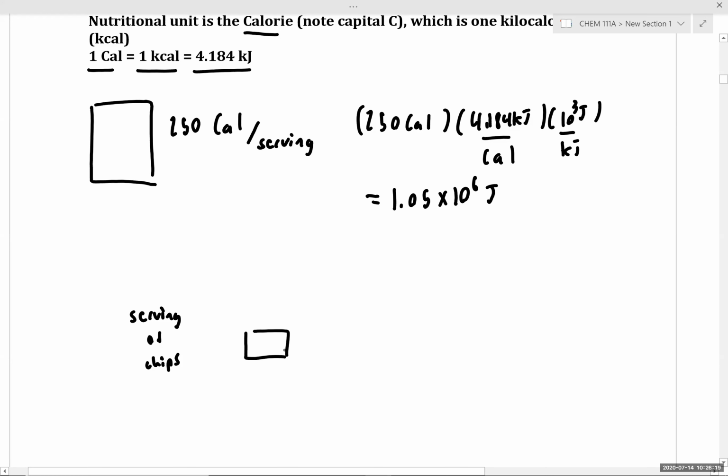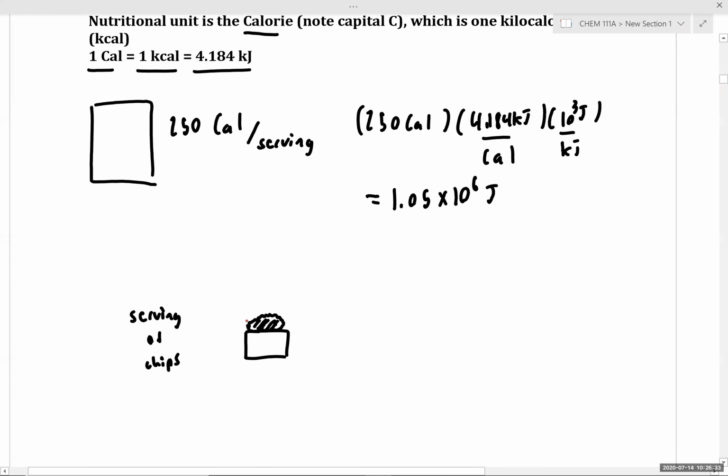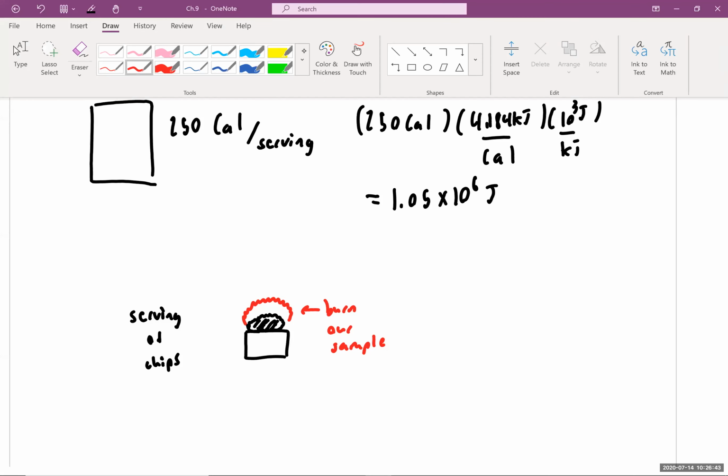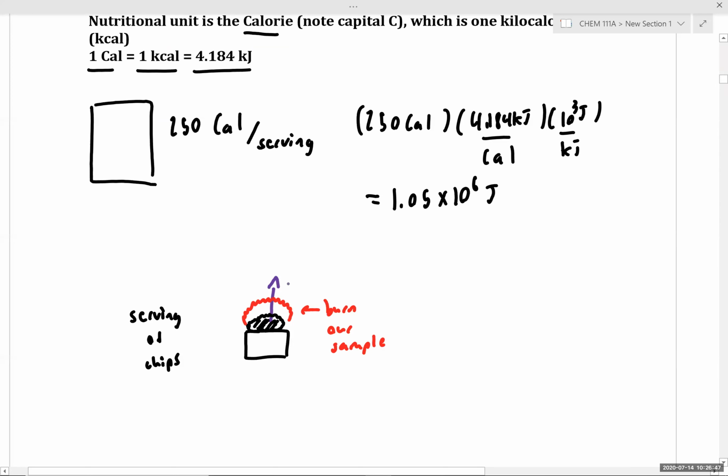Well, if we put our serving of chips on a combustion setup, there's our serving of chips. And let's suppose we burn our sample. So if we burn our sample, that sample will in turn release heat.